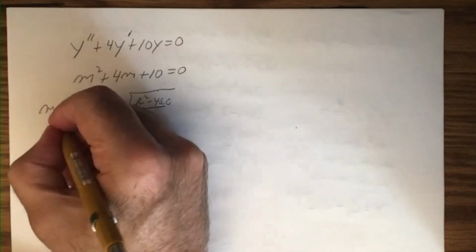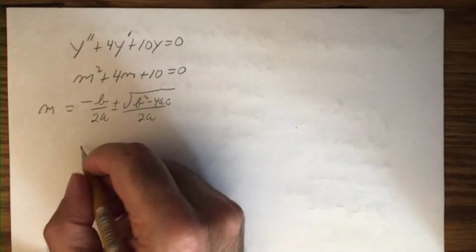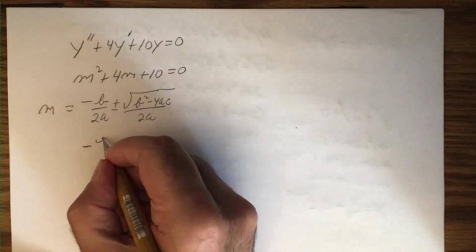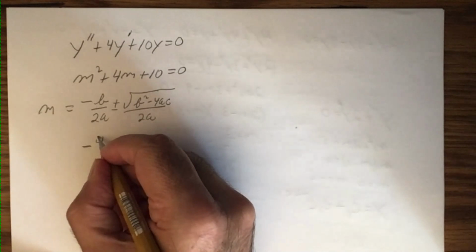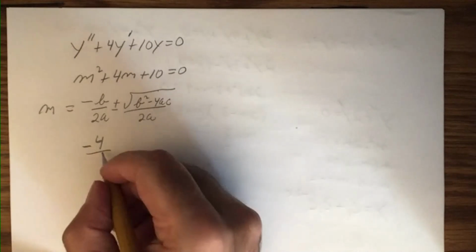And then this is going to be my m's. So this is going to be minus 4, divided by 2a, so it's just 2.